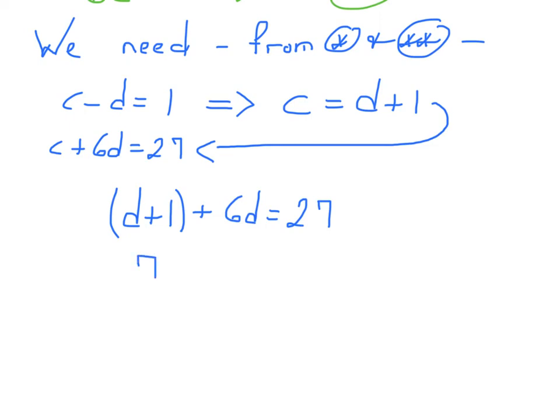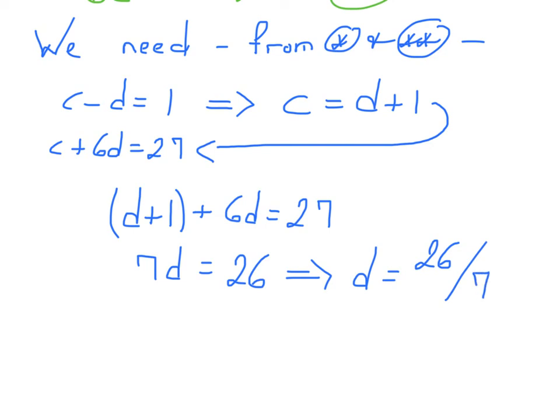Rewriting this, we get 7d plus 1 is 27, and subtracting 1 from both sides, we get 7d is 26, and that implies that d is equal to 26 divided by 7, which can't be simplified any further than that.